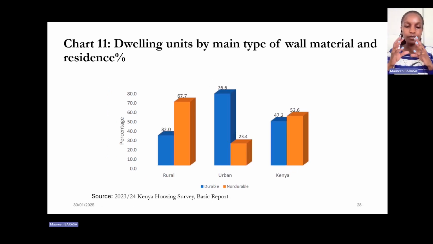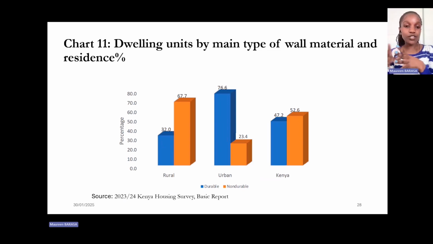Then we have dwelling units by main type of wall material and residence. So for dwelling units by main type of wall material and residence, we can see that the national average, that is Kenya, for the durable, it's 47.2, and non-durable, it's 52.6.